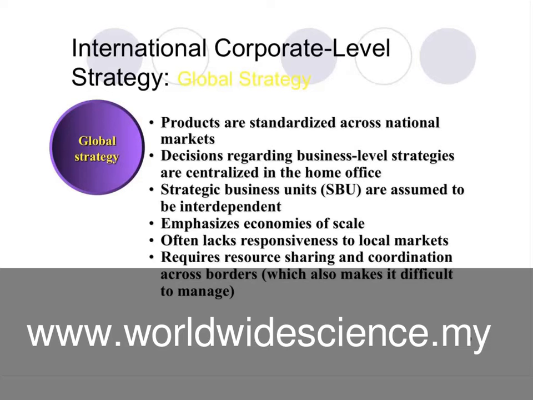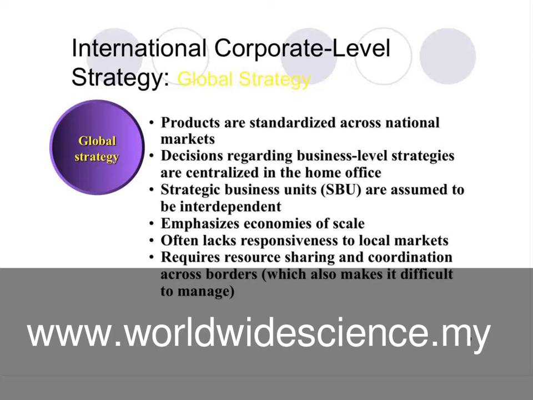The strategic business units are assumed to be interdependent. They are not independent; they are interdependent. They're related to each other. So every single business unit that you're developing a strategy for is interrelated to other business units. So as you can see here, your level of unity among your strategies and products is much higher.